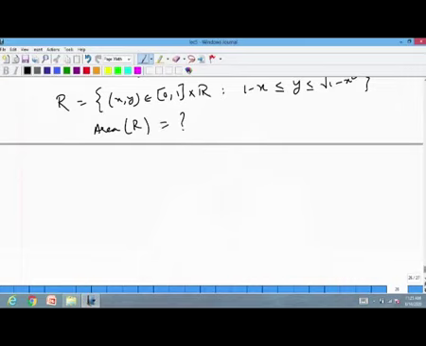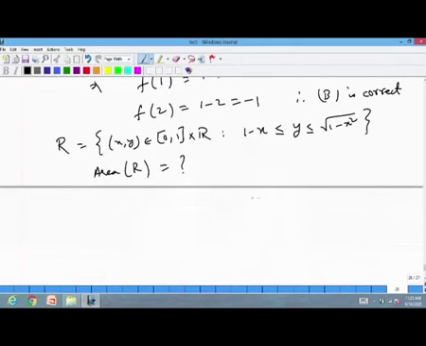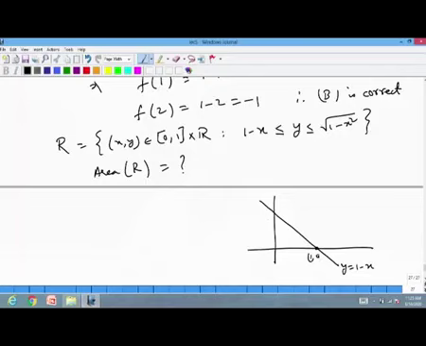So, if we look at this region, y equal to 1 minus x is this straight line which passes through the points 1 comma 0 and 0 comma 1, and y equal to square root of 1 minus x square for x between 0 and 1 is this circular arc. y equal to square root of 1 minus x square means x square plus y square equal to 1.